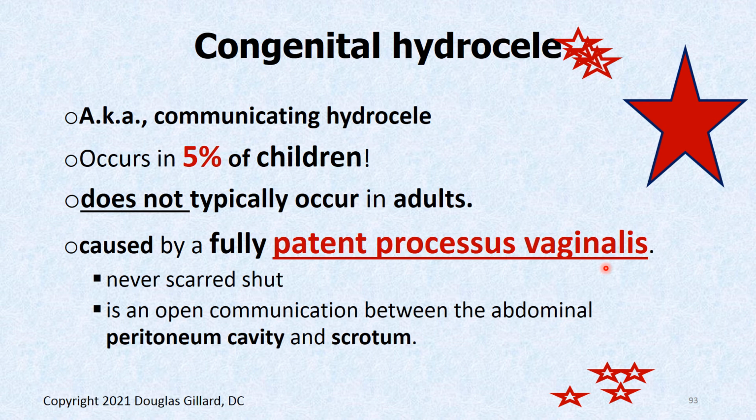So serous peritoneal fluid can start to seep down there, and on top of the serous fluid that's produced by the walls of the tunica vaginalis cavity, it starts to swell up with fluid. And that's what that is.